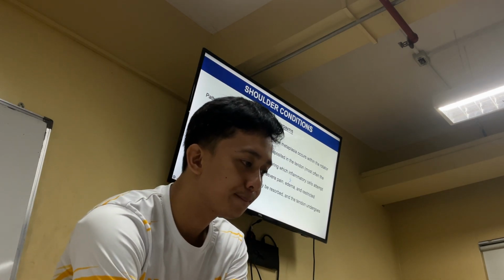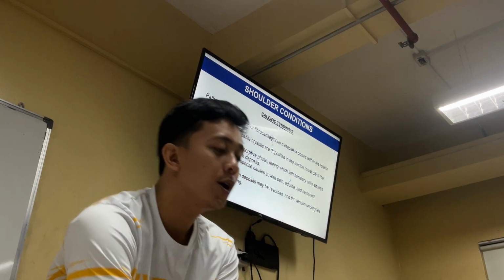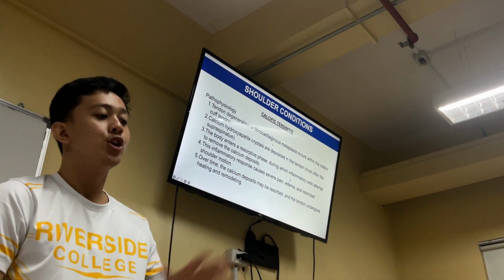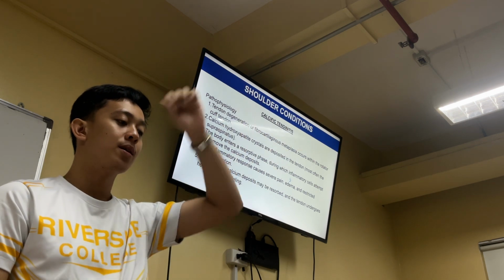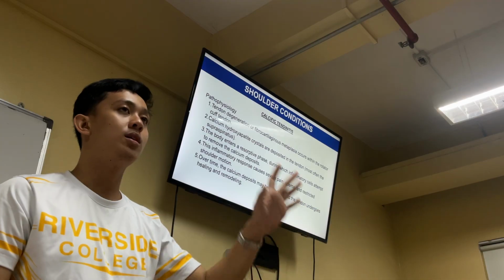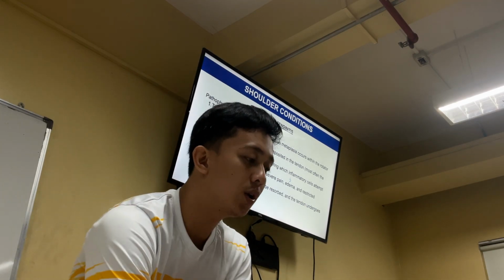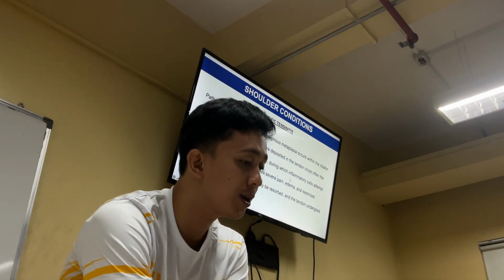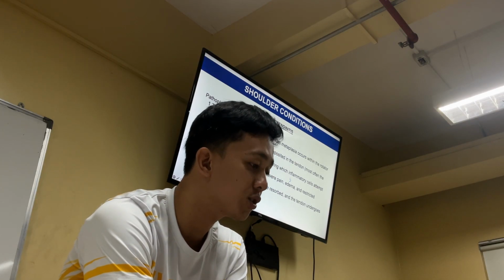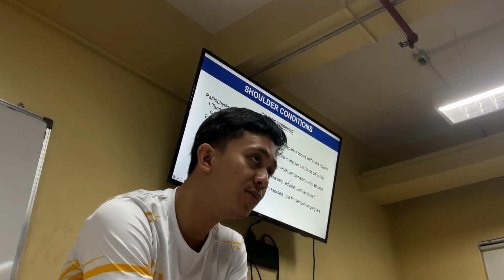With calcific tendinitis, usually if the tendon degenerates, there will be possible occurrence of calcium hydroxyapatite crystals. So the body enters a resorption phase wherein inflammatory cells attempt to remove the calcium, and this inflammatory response causes severe edema and restricted motion.